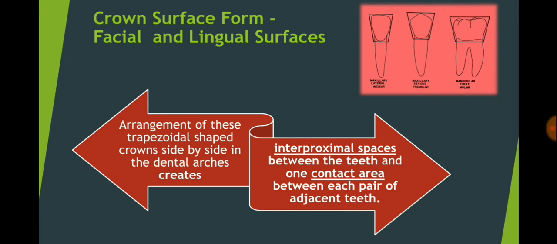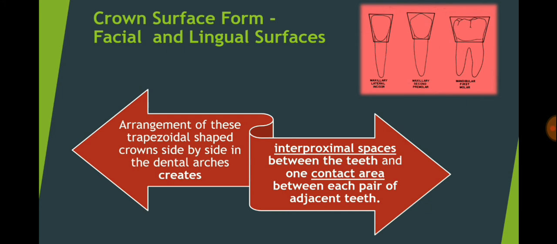Arrangement of this trapezoid, okay? Now remember, when you look at the teeth, the crowns of the teeth in the facial and lingual surface, they form a trapezoid. When you put these trapezoids together, because they are not completely parallel, they form triangles in between them.